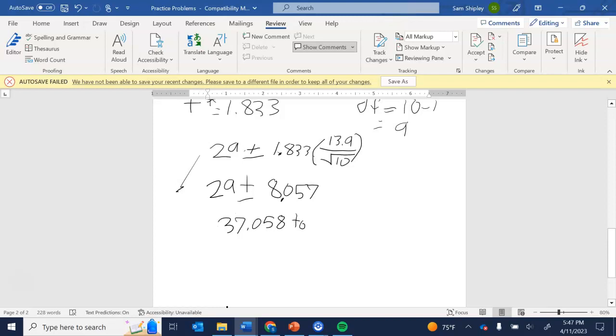All right, now we'll do 29 minus 8.057. You're going to get 20.943. And this is your final answer. So that is how you solve for a t interval to u interval. And I hope this was helpful.